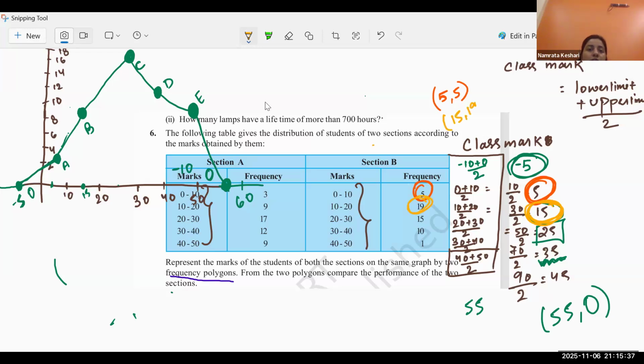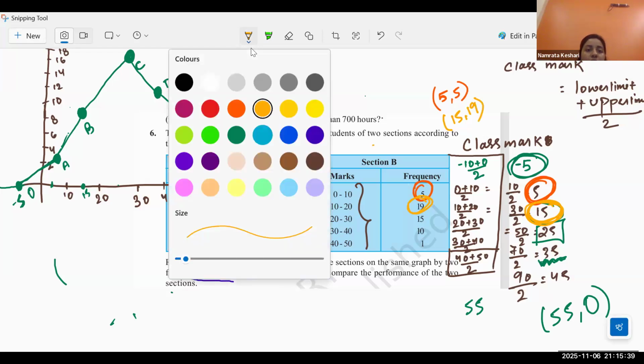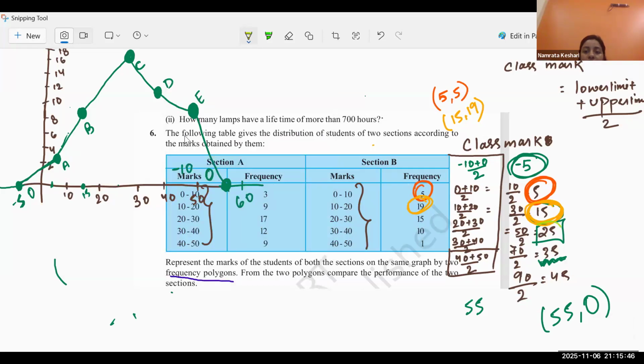Please represent these points now. Next one, our class mark is 25 and the frequency is 15.